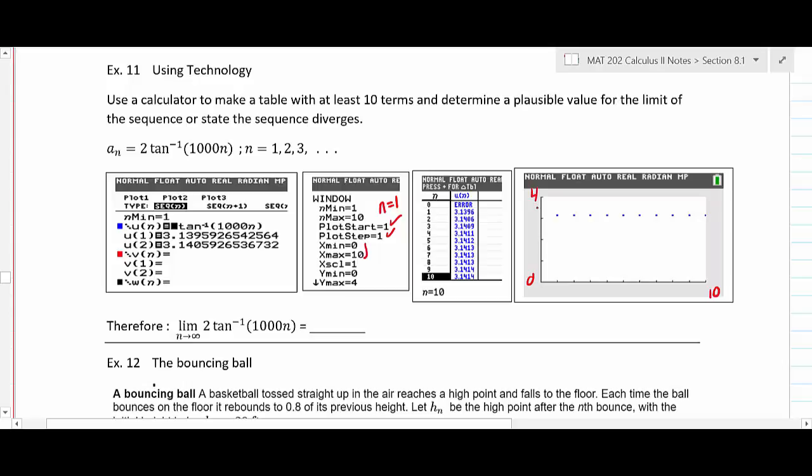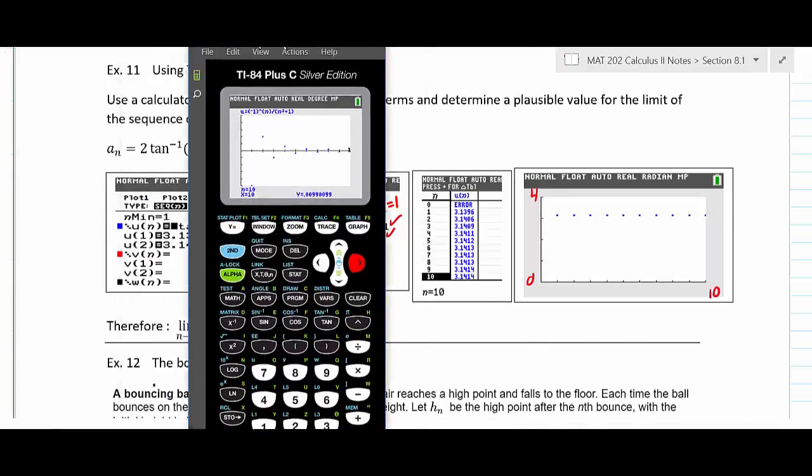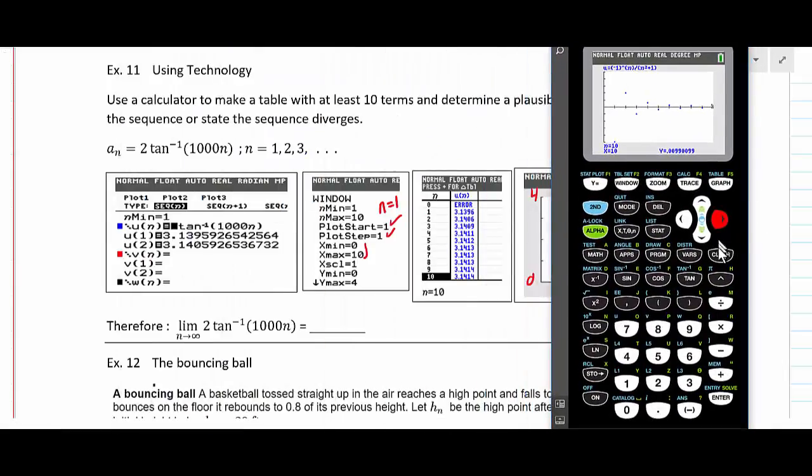Now, if you did this problem, you'd have to be in Radian mode because you're dealing with an inverse trig function like that. The other thing I did on this is when you get this put in your calculator, you would basically kind of go like this. You can put this in your calculator if you want to. So I'm going to take off what I had here, and I'd have to go inverse tangent.